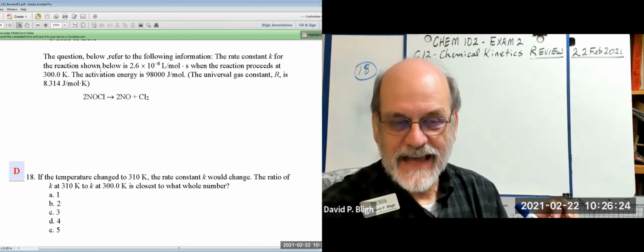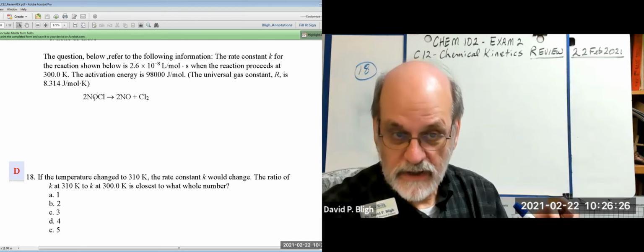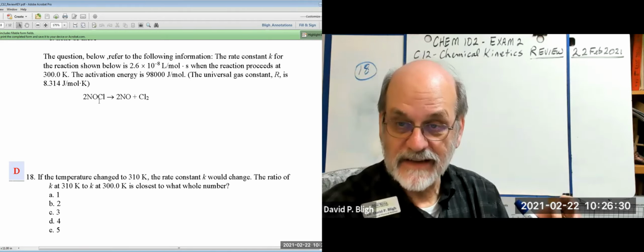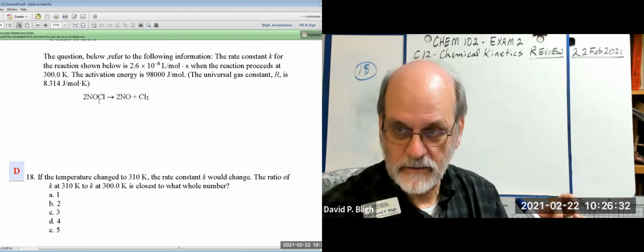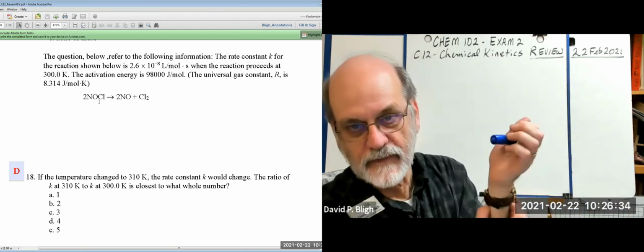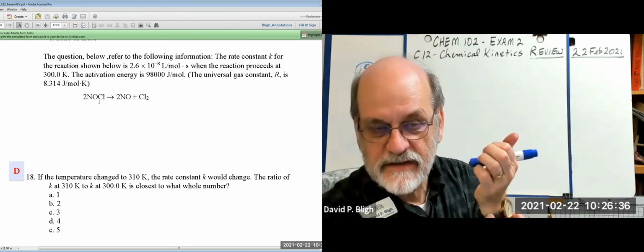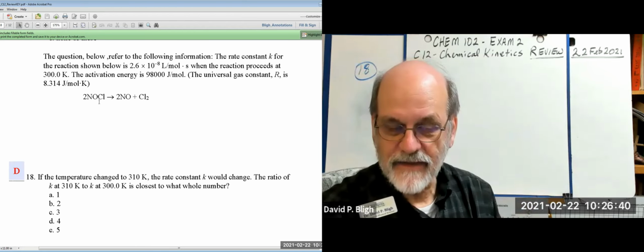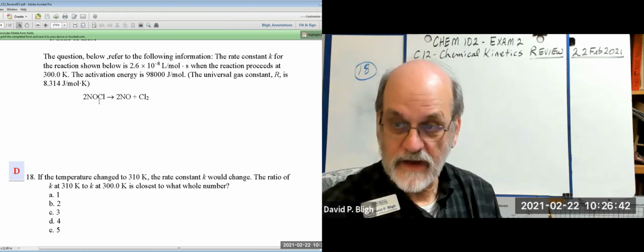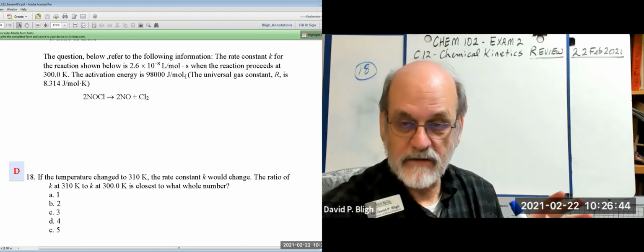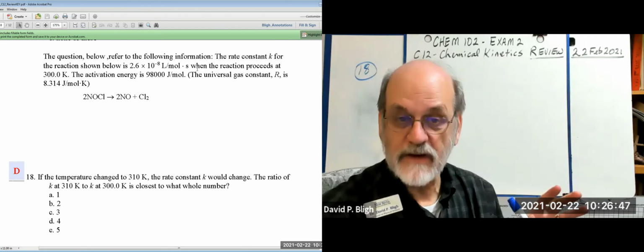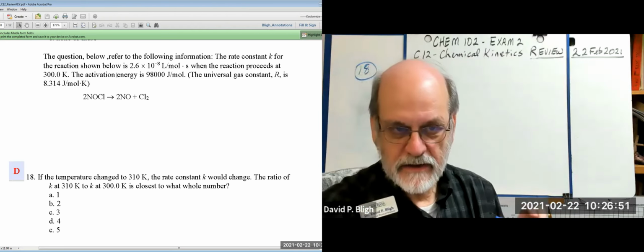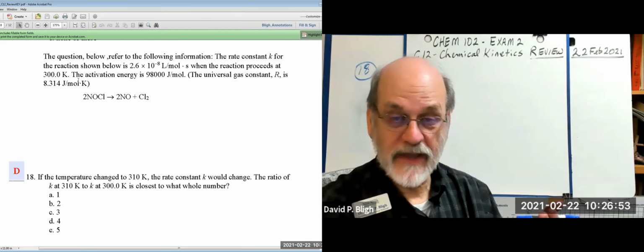The rate constant K for a reaction shown below here is 2.6 times 10 to the minus 8 liters per mole per second, which is molar per second, when the reaction proceeds at 300 K. And the activation energy is 98,000 joules per mole. So they've already changed it and given you the activation energy in joules to be consistent with the universal gas constant.